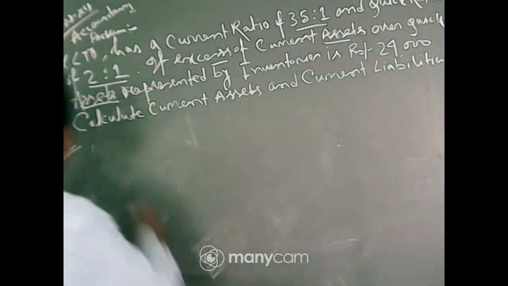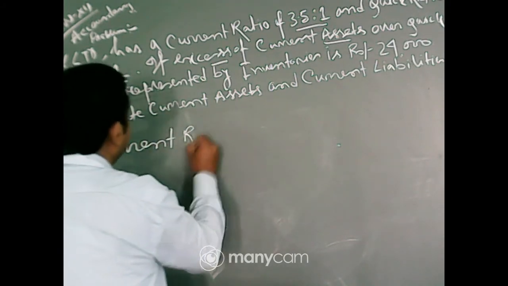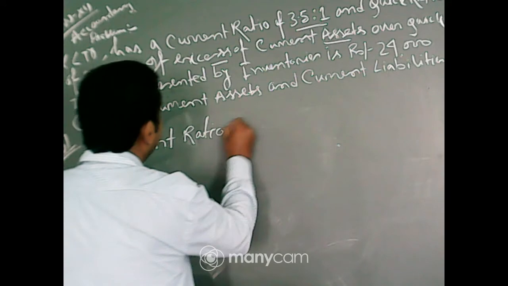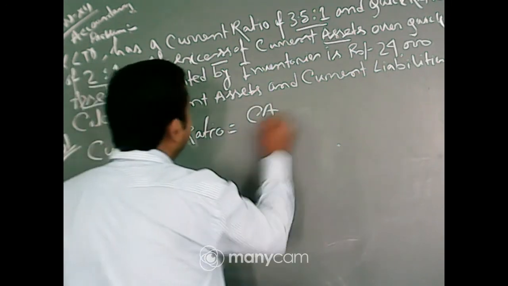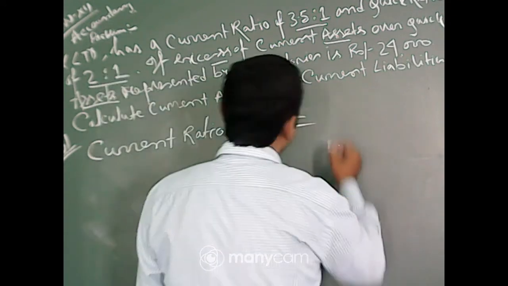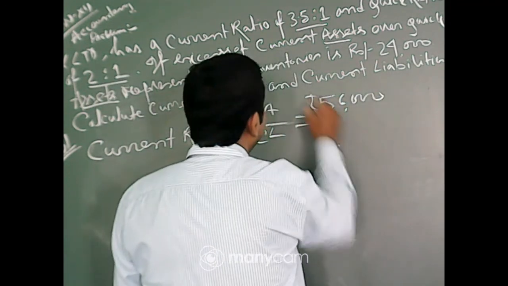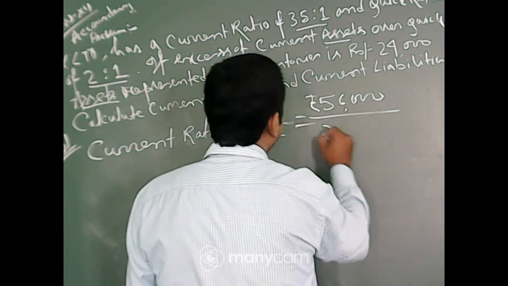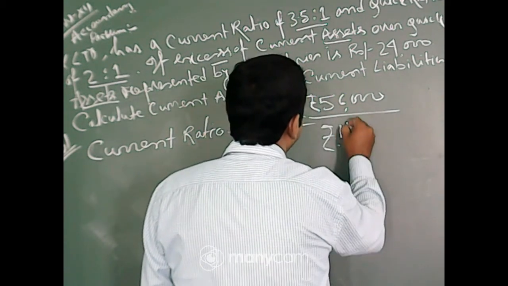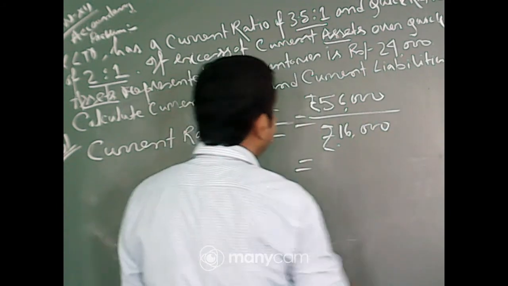So current ratio equals current assets by current liabilities. Current assets we have already got, that is 56,000, and current liabilities rupees 16,000. So what will come?